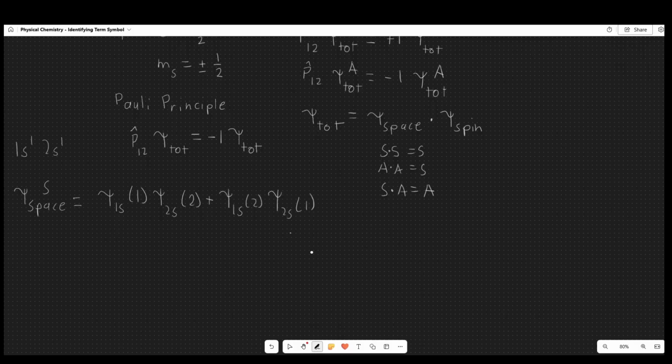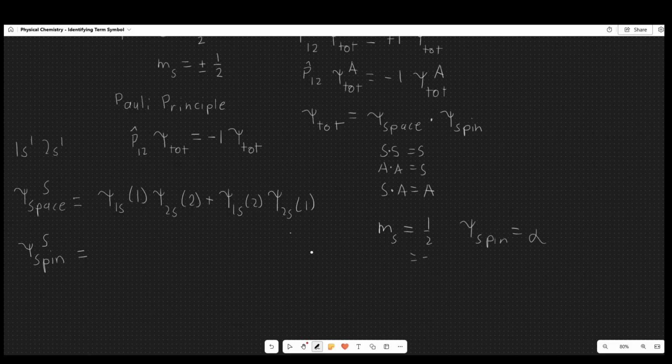But when it comes to psi space, we have different possibilities. Let's say that psi space was antisymmetric, so we had that negative in there. That means that psi spin must be symmetric. So what does a symmetric psi spin look like? I should introduce this: M sub s equaling positive half, we denote psi spin equals alpha.